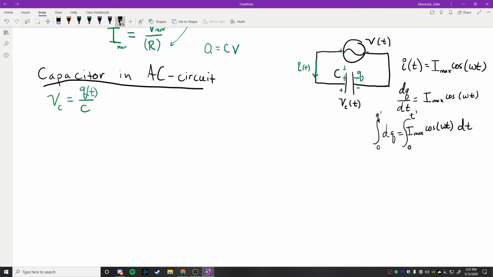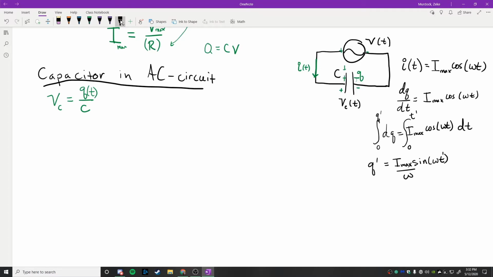The left-hand side becomes Q prime, and the right-hand side, since we're taking the integral of cosine, gives a sine of omega t. We have our I max here, and we need to divide by the derivative of the inside, omega, and then that just becomes t prime. That's the integral of cosine.